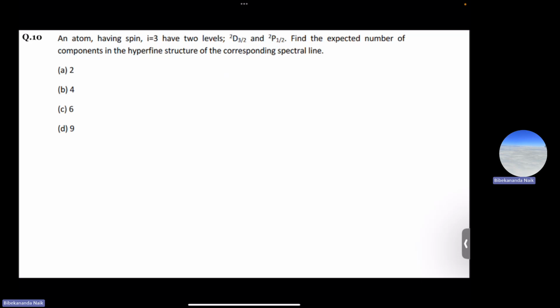So this question is related to hyperfine structure, and we know hyperfine structure comes due to the nuclear spin. Here nuclear spin I is 3. I'll give you a few minutes to think about this question, and then we will discuss what will be the correct option.